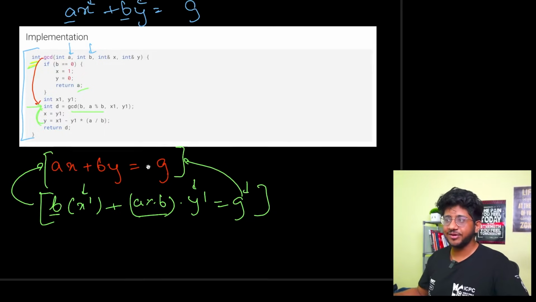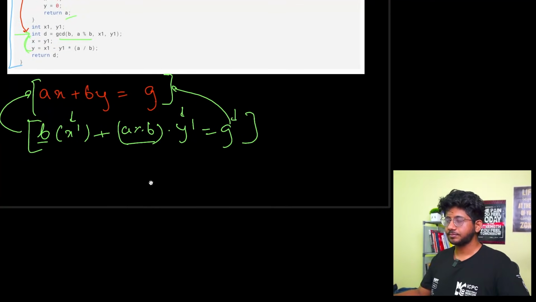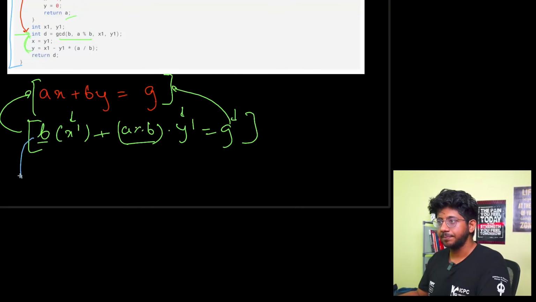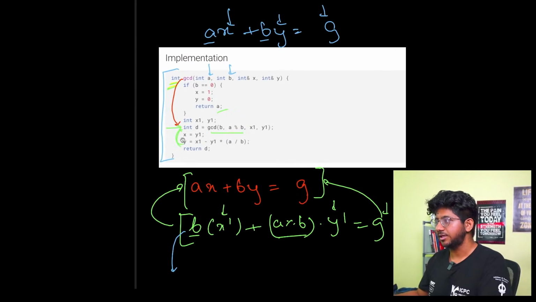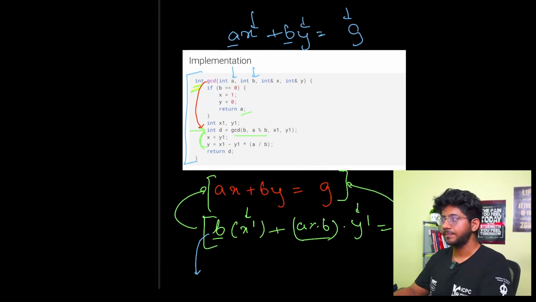And there is a very neat way to do this. The way we can do this is we can simply think about how we can get from this equation to this equation. We try to write it in a different way.